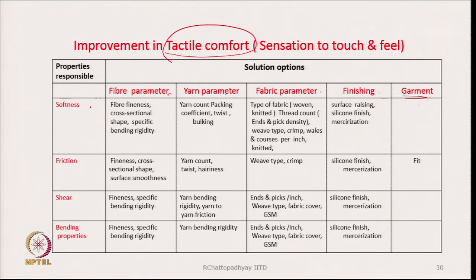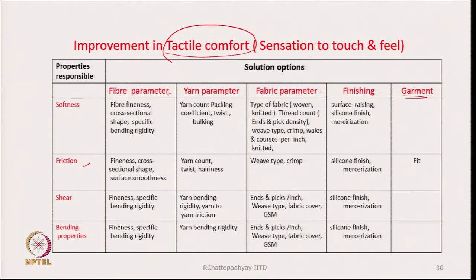First, that needs to be identified, and once we identify them, then if it is because of, let us say, friction, then we have to think about how the friction property can be changed. Is it because the friction is too high, or is it because the friction is too low?